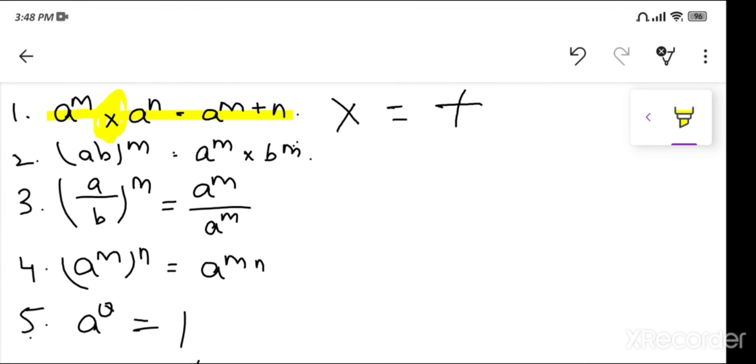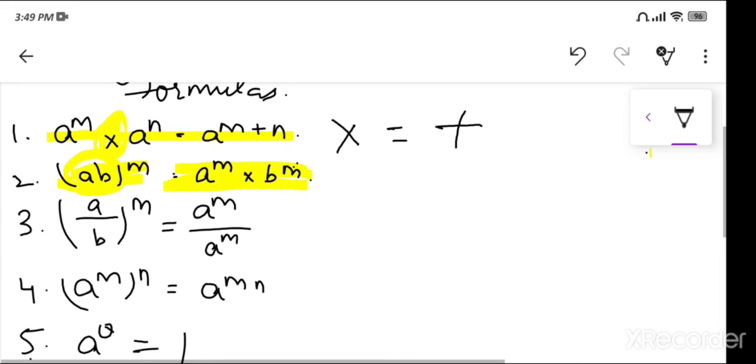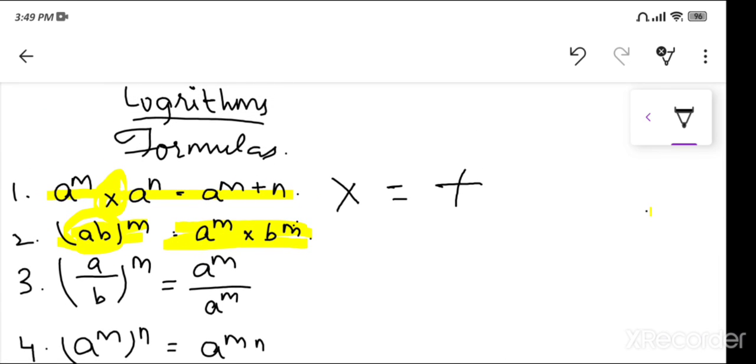So let's go to the next formula, ab whole power m. You can see here, ab whole power m, a power m into b power m. If you guys don't know, let me tell you, here a is the base, and the letters which are above it are called powers.